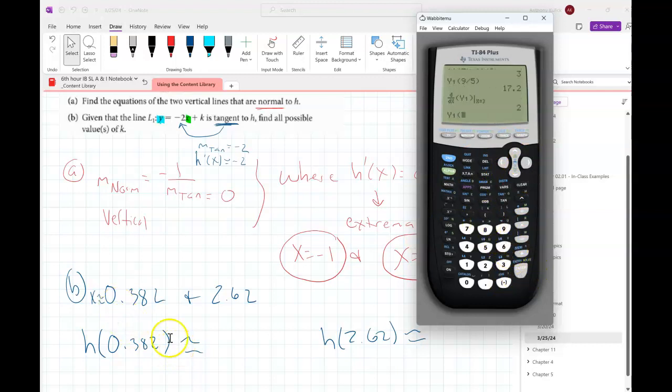So I remember that I plugged that h of x equation to y1. So I'm just going to do y1 of that first guy. And then I'm going to do y1 of that second fella there.